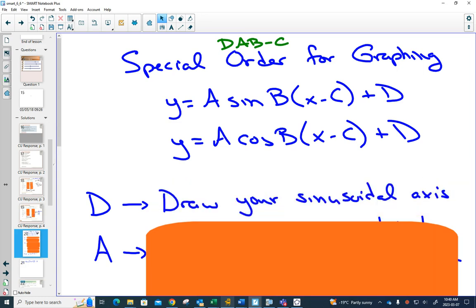So the first thing you can do is draw your center line or sinusoidal axis. So we use a dotted line like an asymptote and draw our center.